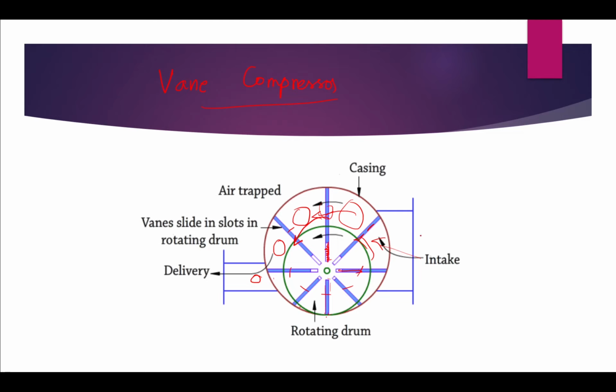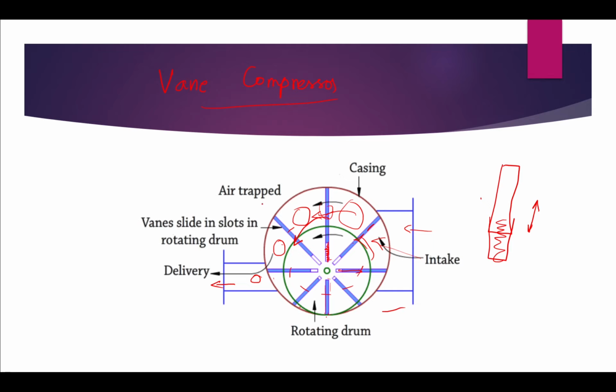This also guides air from a low pressure zone into a high pressure zone. So these are the vanes. There will be a slot like this, a spring will be there, and here there will be the vane. These can slide in this direction. Okay, this is how a vane compressor works.